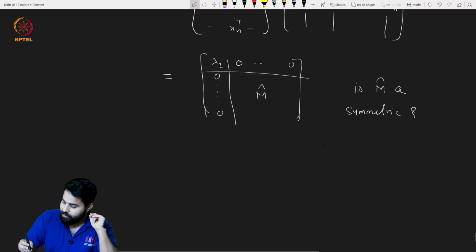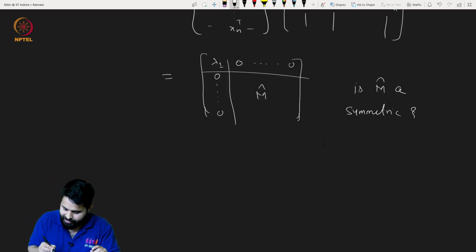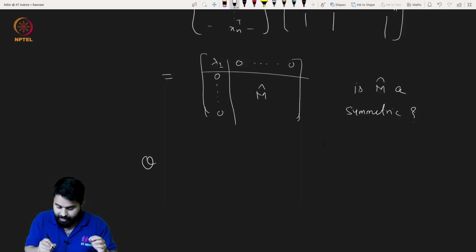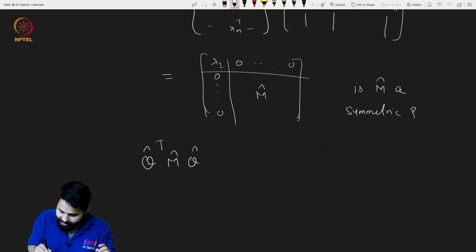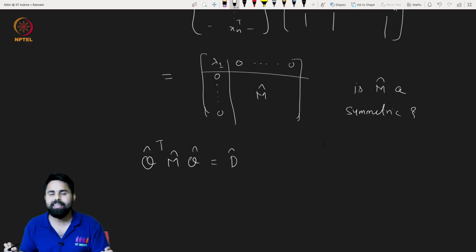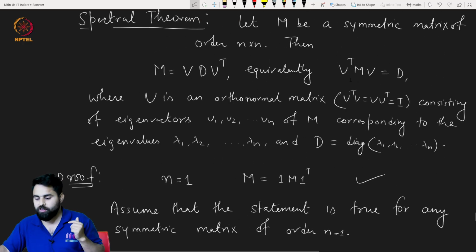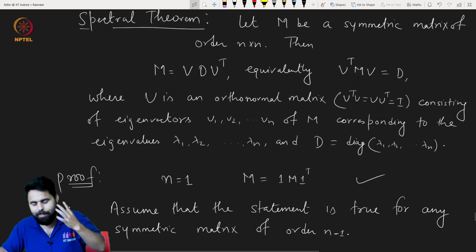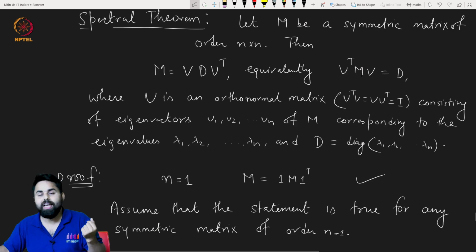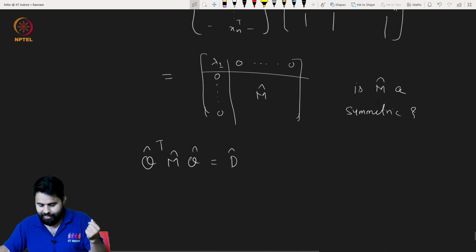That means for this matrix M cap, there exists an orthogonal matrix Q hat, and there exists another matrix also, which I will tell you about, such that Q hat transpose times M hat times Q hat is equal to D hat, right? Very, very simple fact due to my induction hypothesis.